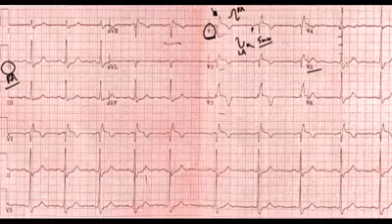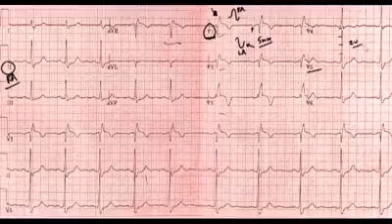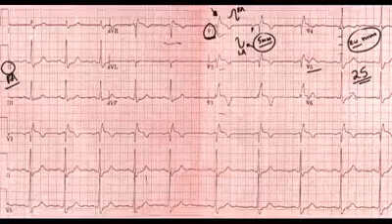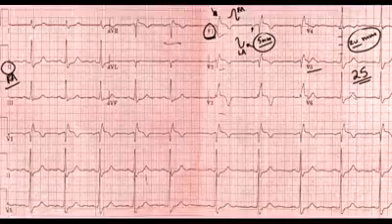So that's 5 times 1, 2, 3, 4. So here we have about 20. So we add the 20 millimeters and the 5 millimeters together, and we come up with 25. However, that's still not enough for the criteria of 35, which is what the criteria is for left ventricular hypertrophy.